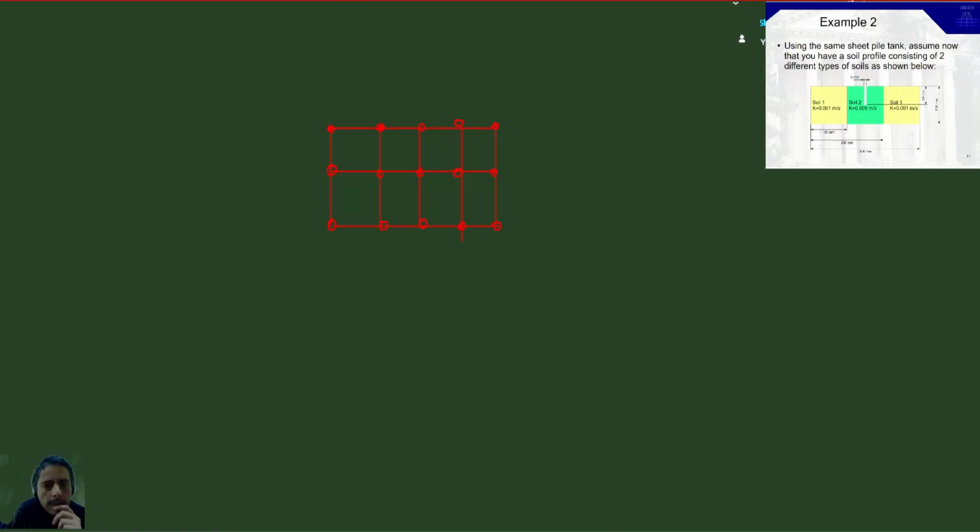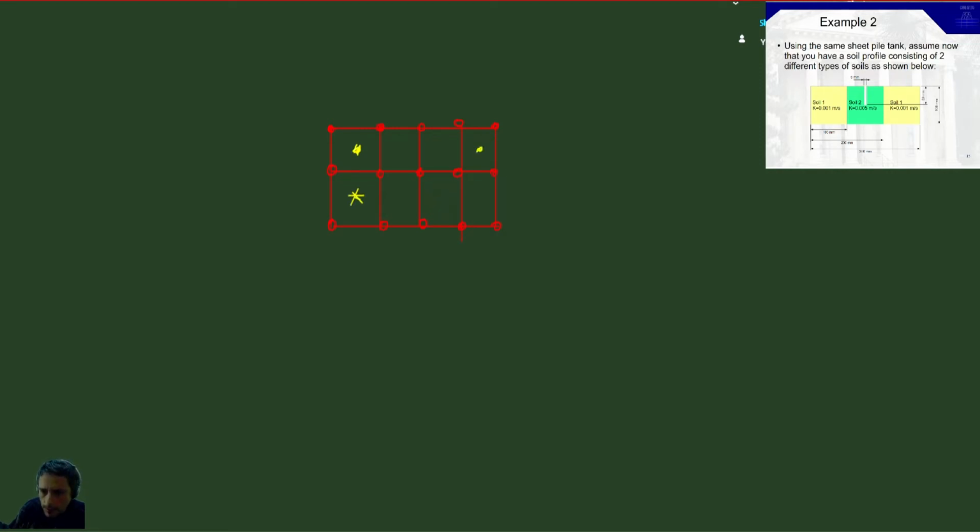However, as it happened, the material properties are associated with the soil, so with the material in between, right?